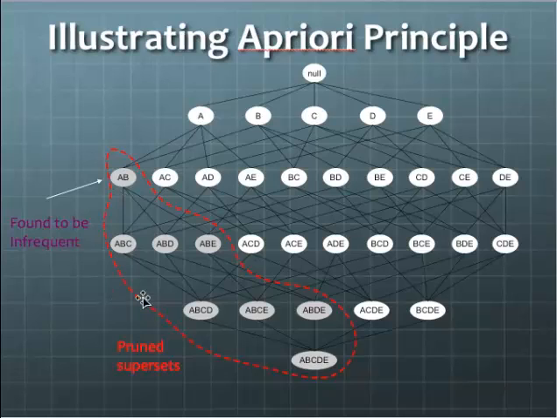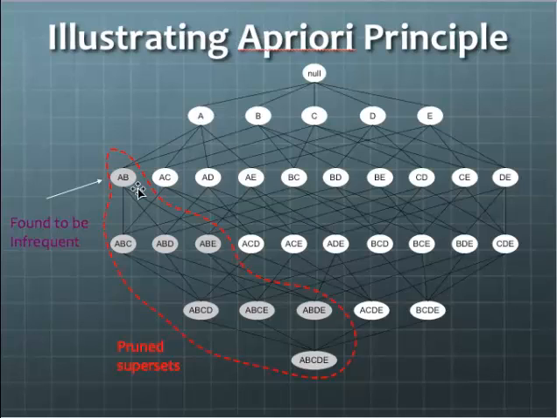As illustrated here, the entire subgraph containing the supersets of AB can be pruned immediately once A and B is found to be infrequent. This strategy of trimming the exponential search space based on the support measure is known as support-based pruning.